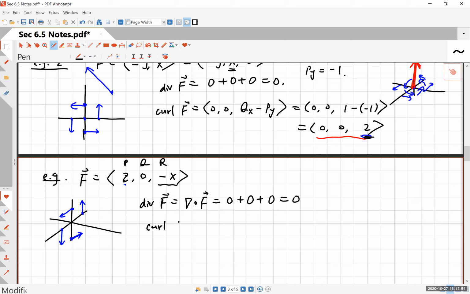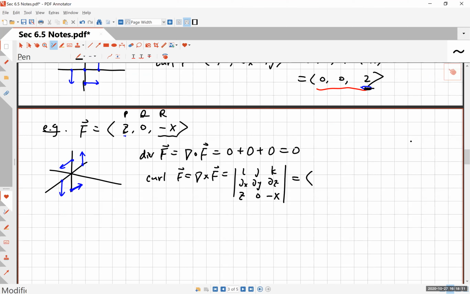The curl of f, which is the gradient operator cross f, again, this is not so simple, but you can do i, j, k, partial x, partial y, partial z, z, 0, negative x. Okay, and watch what happens here. When you do this minus this, that's just 0, right? Okay, let's go to the next one, which is basically a negative of this minus that.